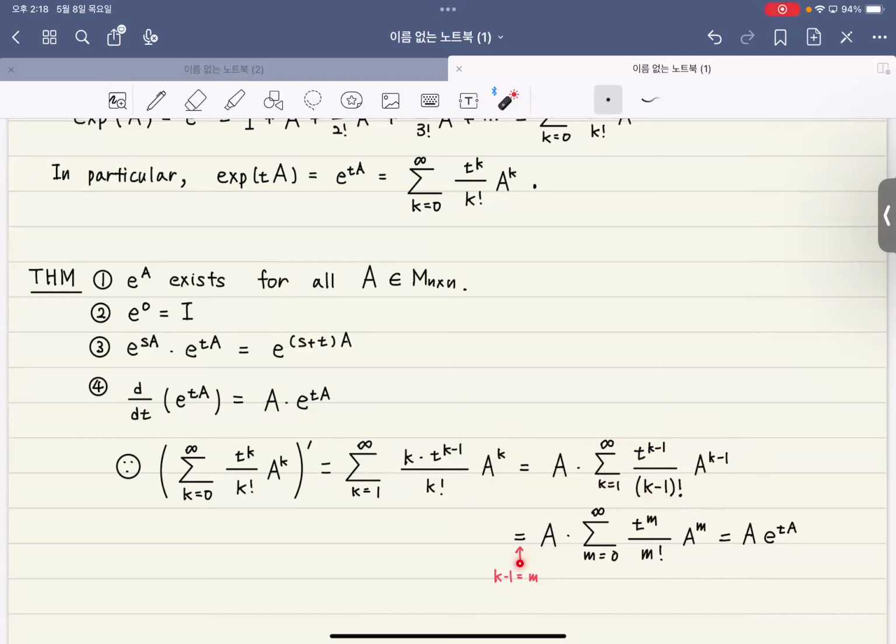Now we change the indices. I define a new index m, which is k minus 1. Then this entire summation is matrix A times another matrix exponential. Therefore, my claim has been proved.